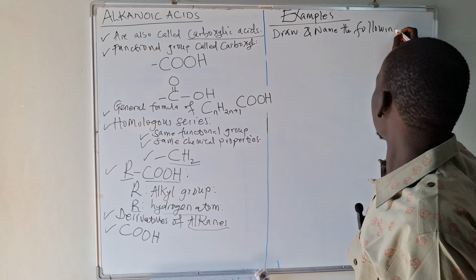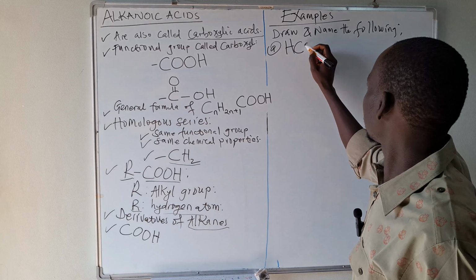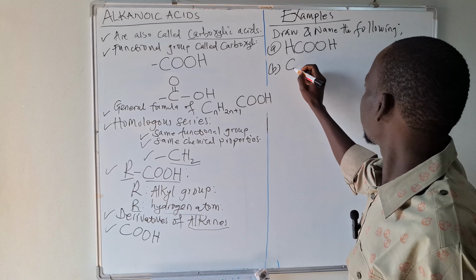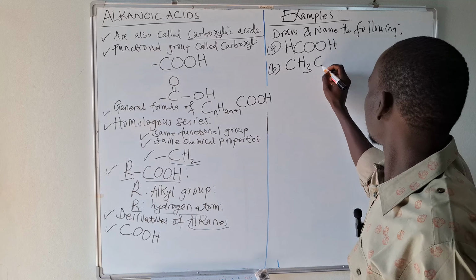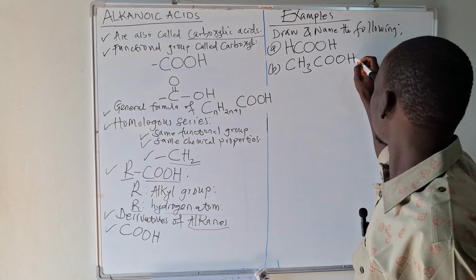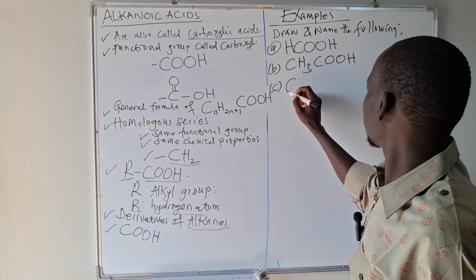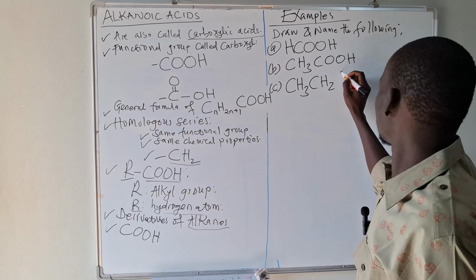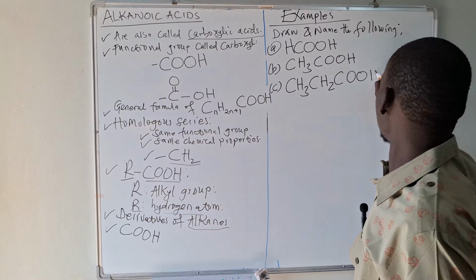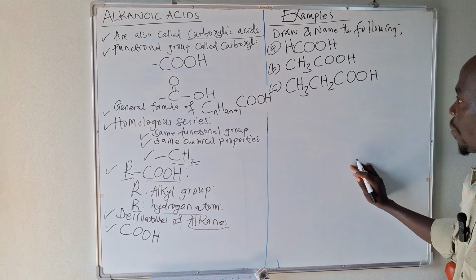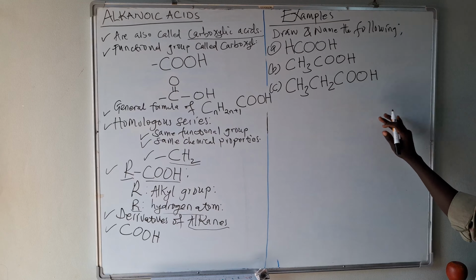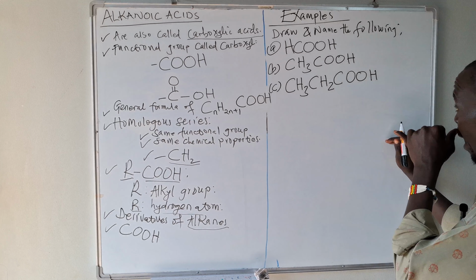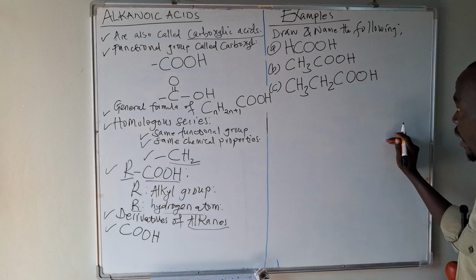I have A something like this, then B, I'll have CH3COOH, then C, I'll have CH3CH2COOH. So this is how you can see their presentation, and we shall be in a position to draw and name the organic compounds.